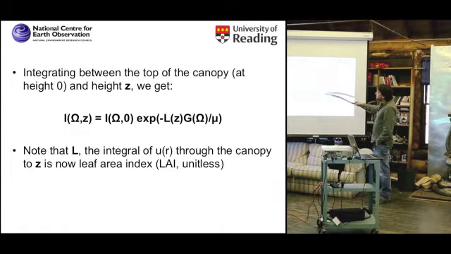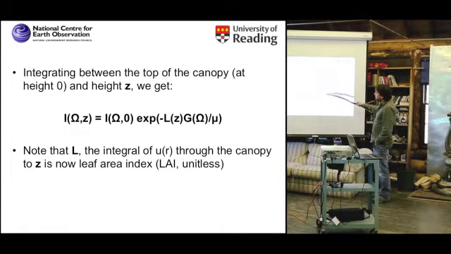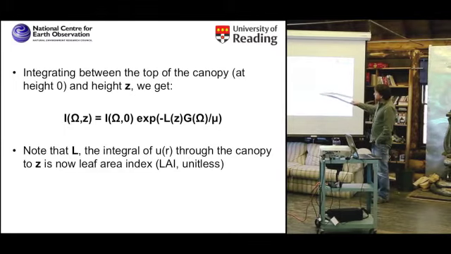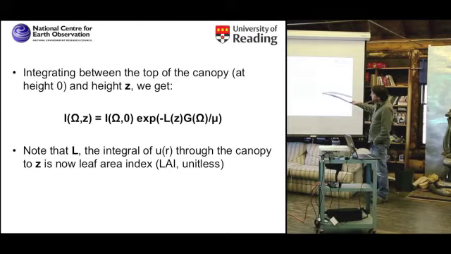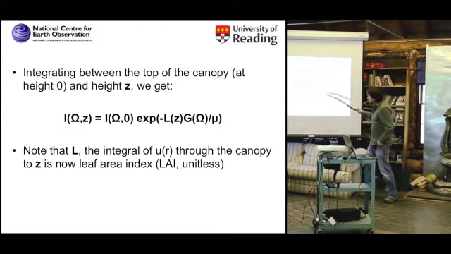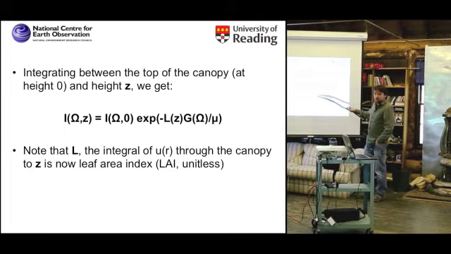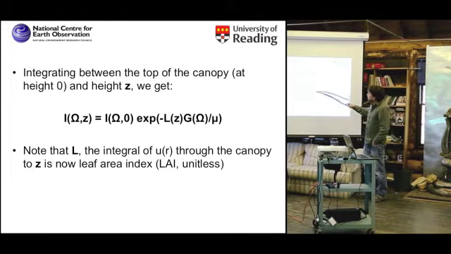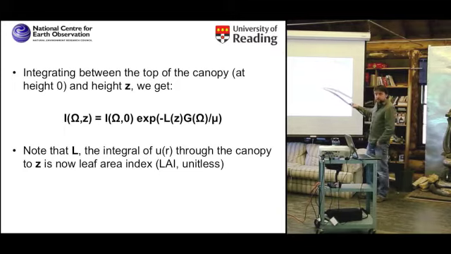Because we've integrated across our volume, and we originally had this leaf density function as a function of its position in the canopy, we lose that. I've integrated r out of the equation, and that becomes a leaf area index.